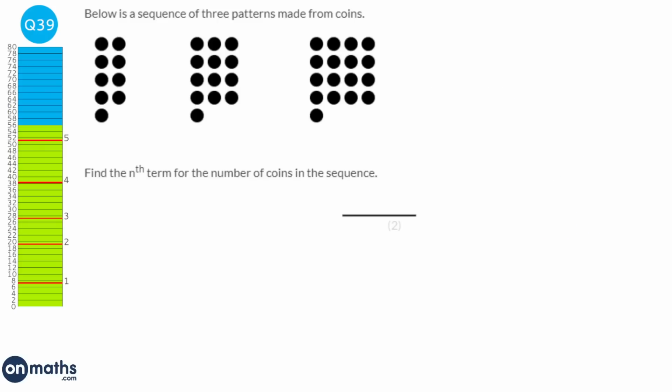Whenever we do these kind of questions, it's always best to convert the pattern into numbers. So we're just going to count the dots. So we've got 9 in the first one, then 13, then 17. So our sequence is going 9, 13, 17. And we're going to see what it's going up in.